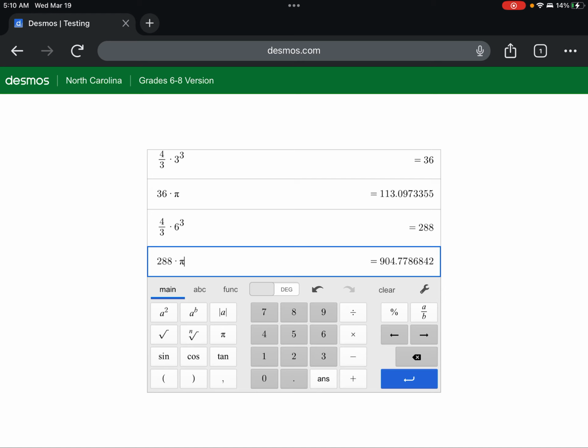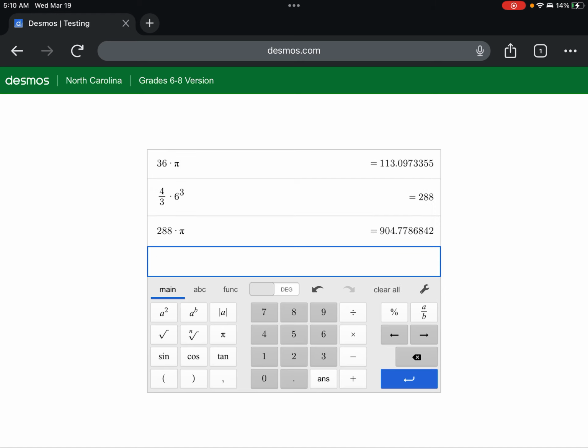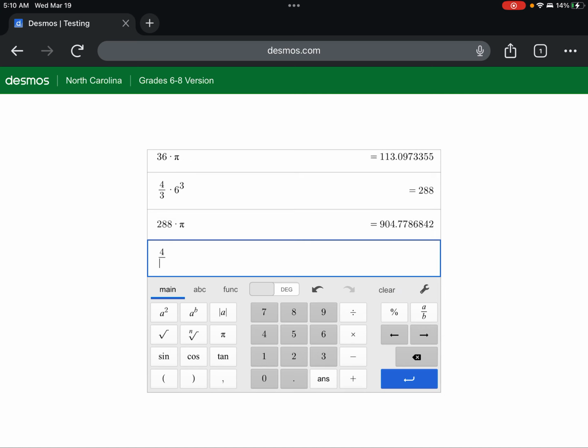We enter 4/3 times, and when it does that, you've got to move it over, times 9.3 cubed. Remember, it's 9.3, and then you hit this little b and type in your 3.